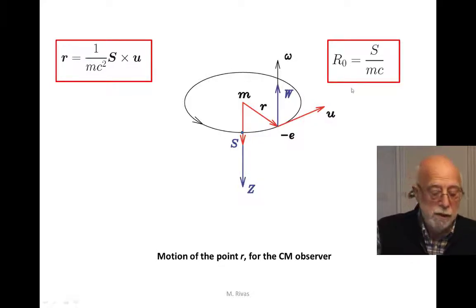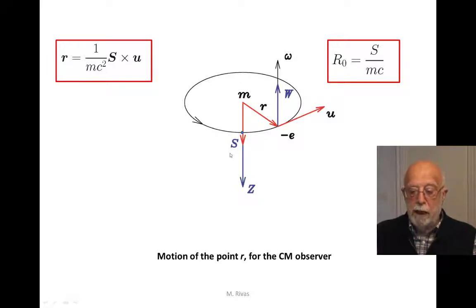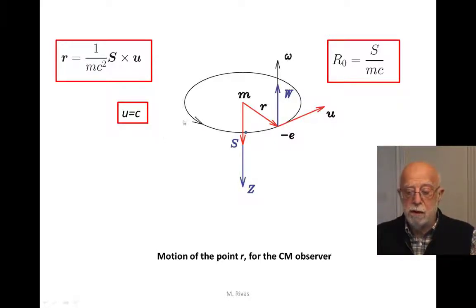The radius is S over mc, and the center of charge, point R, is moving in this way because if you see the cross product of S times this velocity is along R. Now, if we had a motion of a mass along this trajectory, the angular momentum of this mass with respect to this point will be upwards, not downwards. So the spin related to the motion of the point R has an anti-orbital direction.